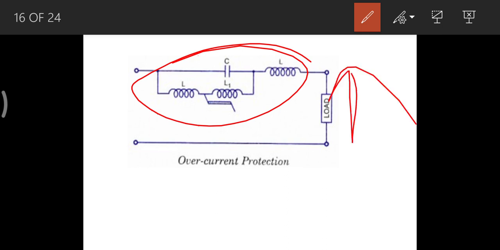That means if any fault currents are generated at the load side and come towards the SCR, this circuit will provide the limit. These circuits help to limit the fault current.